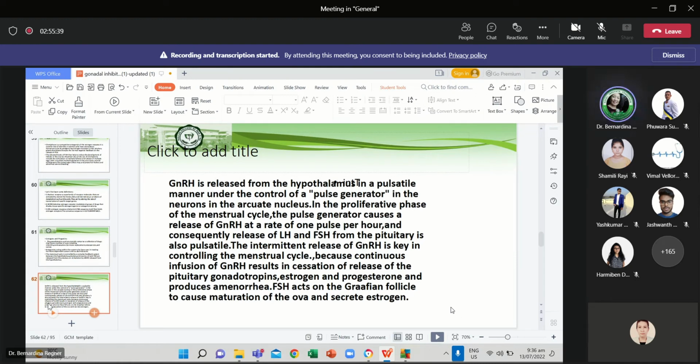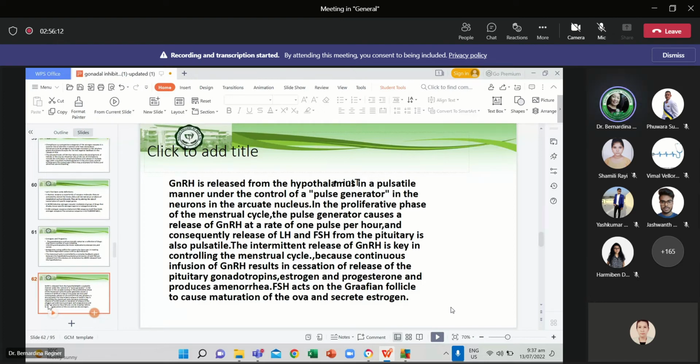It will cause your gonadotropin releasing hormone to be released at a rate of 1 pulse per hour. At this, there will be release of your luteinizing hormone and follicle-stimulating hormone from the pituitary, which is also regulated by your pulse generator.